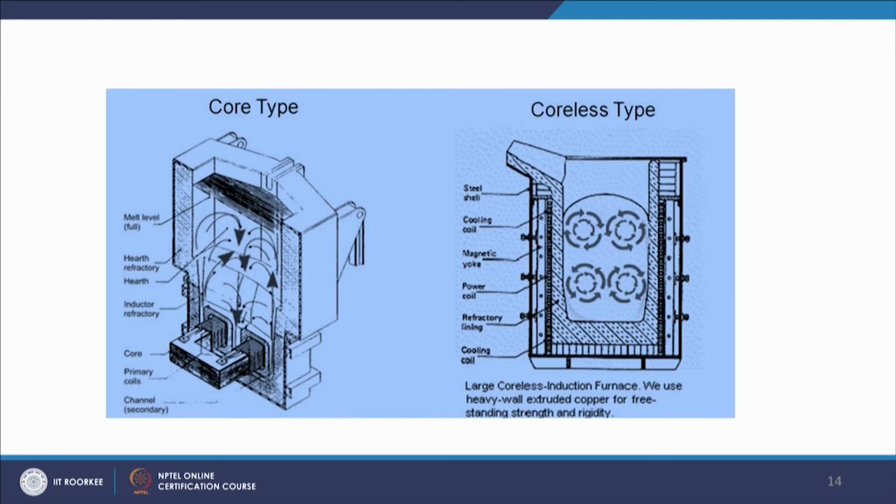The medium frequency furnaces are used for melting cast iron, whereas the high frequency type is used for other applications. There are a lot of advantages, like high flexibility and a high rate of melting. Whenever you require a very high rate of melting, you go for these induction furnaces.